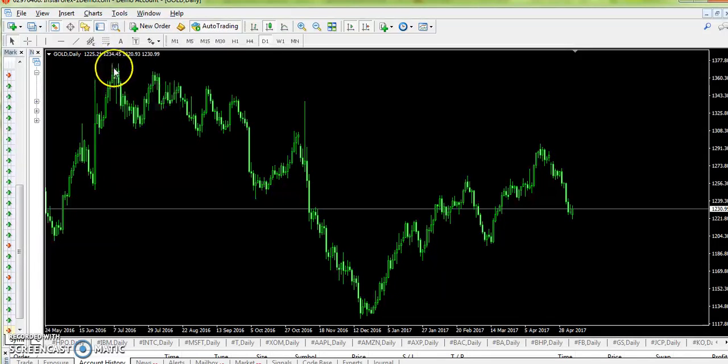This is July 2016. As you can see, at that time the price was about $1,377 per ounce, and since then, up till December of 2016, the prices were creeping down.